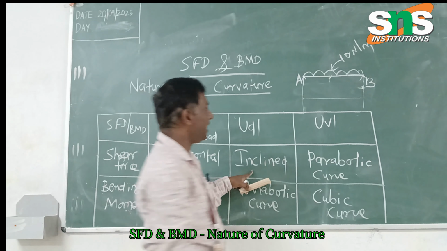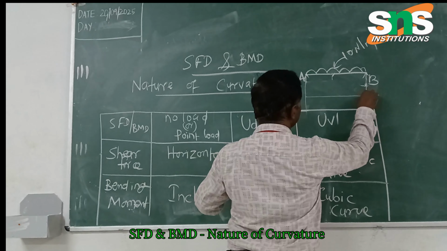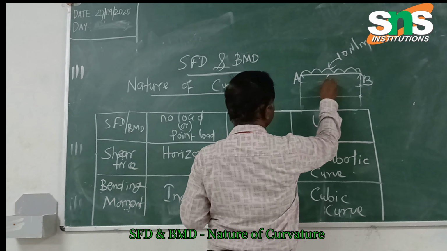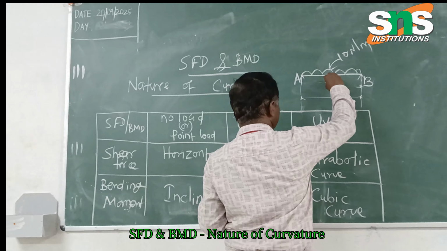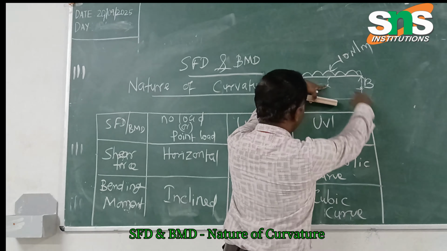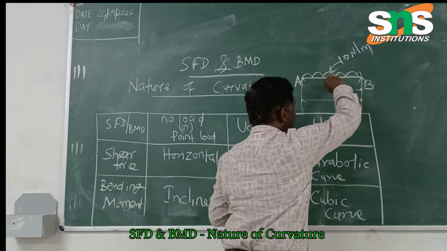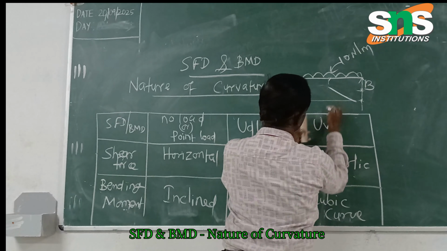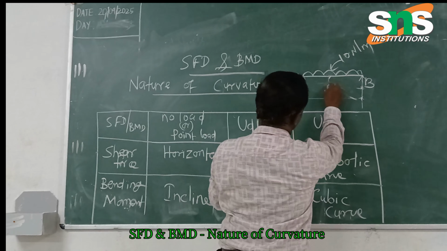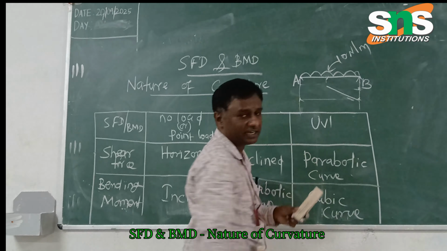That means we have a shear force value here, one value at the midpoint, and then one value here. Since from this point to this point we have the UDL, we have to directly join the values. Join the values directly. So it is an inclined line that it follows instead of a horizontal line.